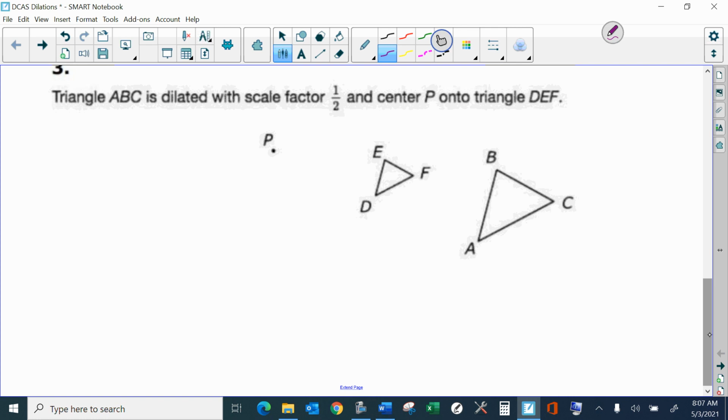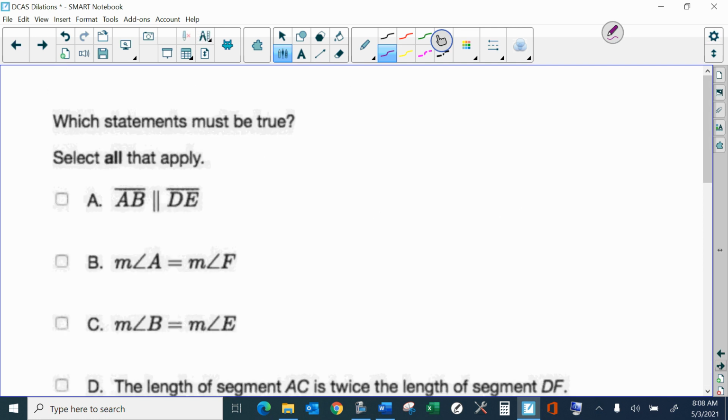Triangle ABC is dilated by a scale factor of 1/2 and center P to the triangle DEF. So DEF is half of ABC with the center at P. So it's a dilation.